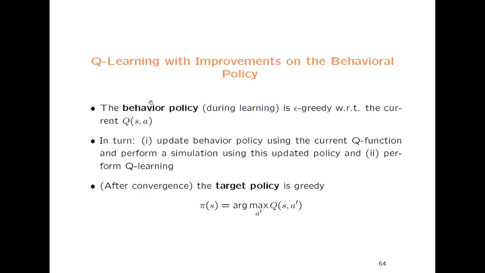In practice, we are also changing the behavior policy with the epsilon greedy policy, and alternating these two iterations. And at the end, after everything has converged, we use a deterministic policy which is greedy on the Q function.